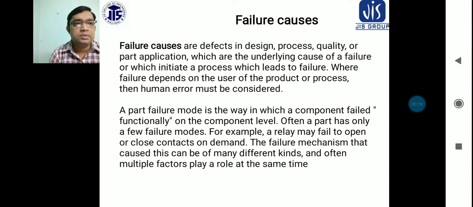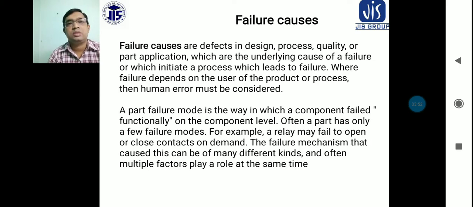The failure mechanisms that cause this can be of many different kinds, and often multiple factors play a role at the same time. Basically there are different factors involved. In a few cases, time is the dependence. In a hurry, we have to produce a new product in a short time and introduce it to customers, and this is one type of factor.